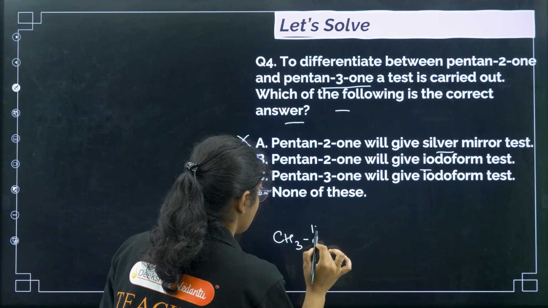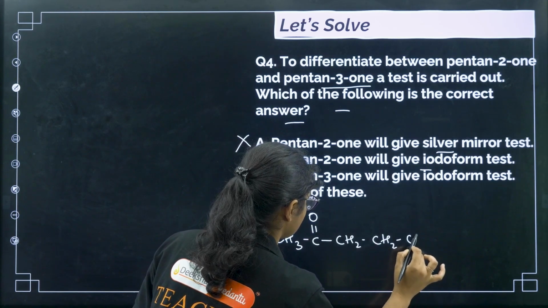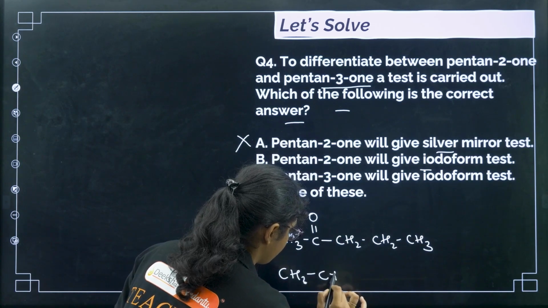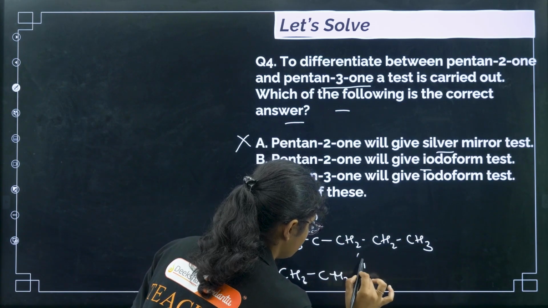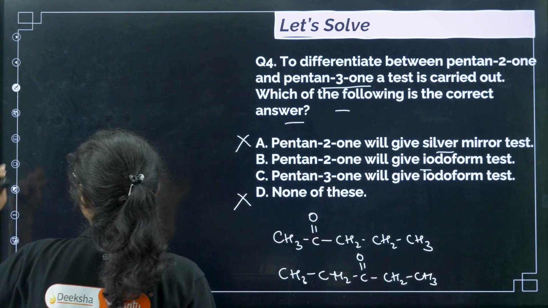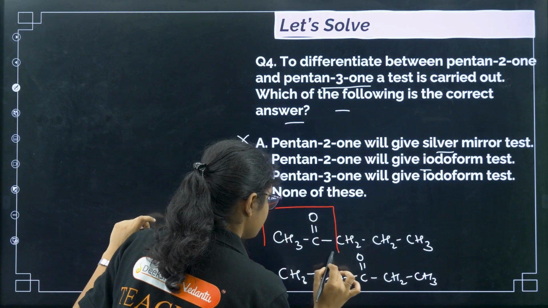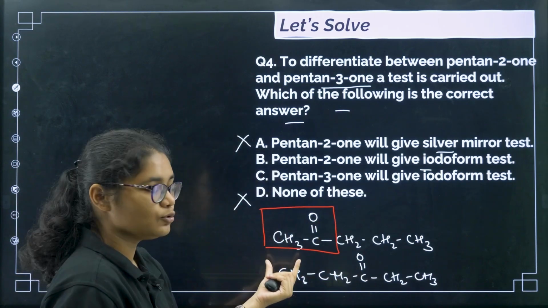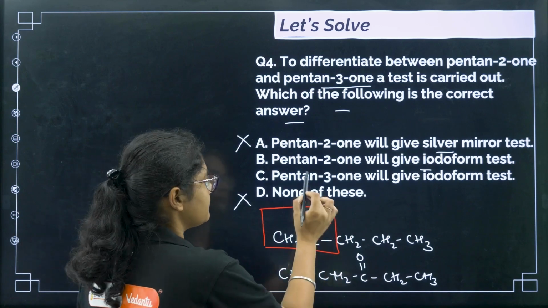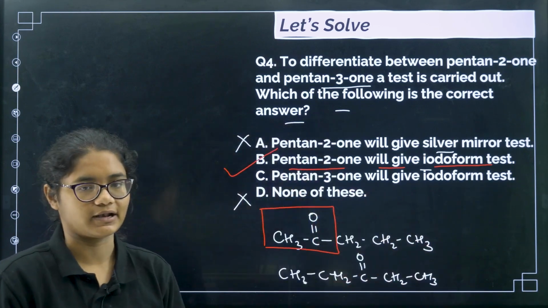So this is pentan-2-one, right? And this is pentan-3-one, CO, CH2 and CH3. So for iodoform test, I need a methyl ketone group, that is this one, right? So pentan-2-one will give you the iodoform test and it will give you a yellow precipitate. Option number B is the correct answer here.